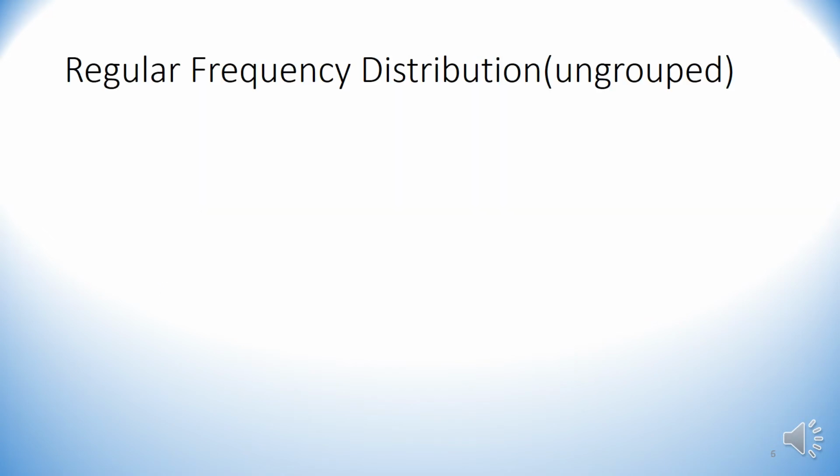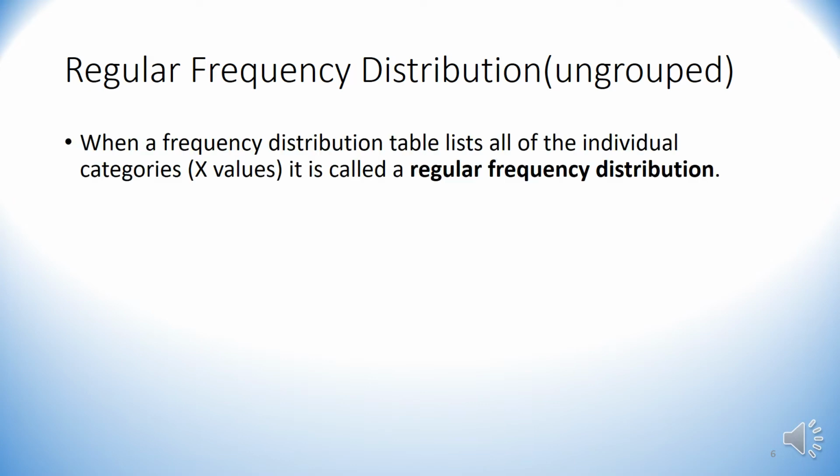Then we can make frequency tables for ungrouped data or grouped data. First we are going to see what ungrouped data is. Ungrouped data means individual observations are repeated many times, as with discrete data. For that kind of data, we make a frequency distribution called a regular frequency distribution, that is, when the frequency distribution table lists individual categories.